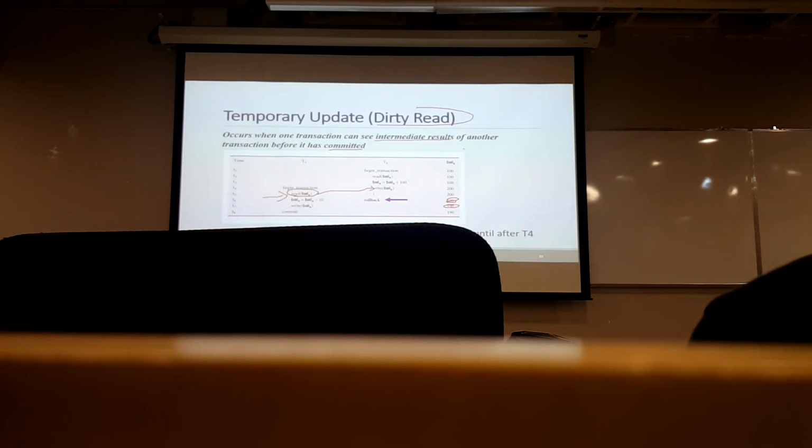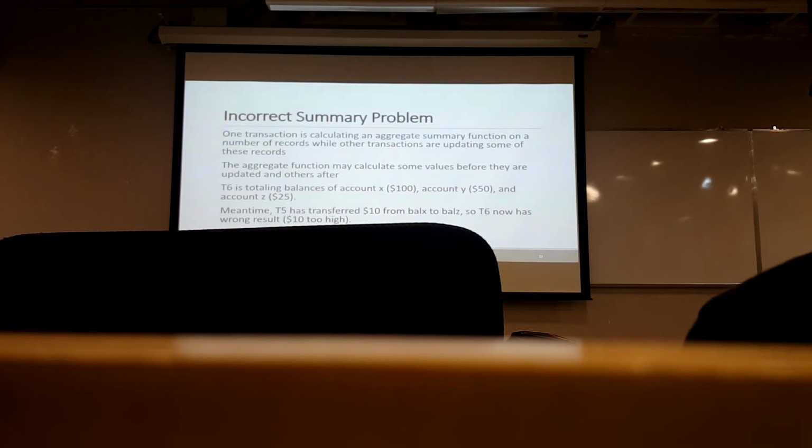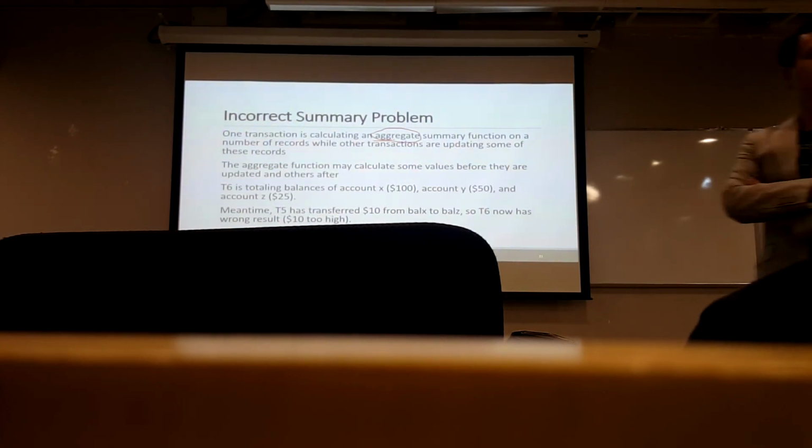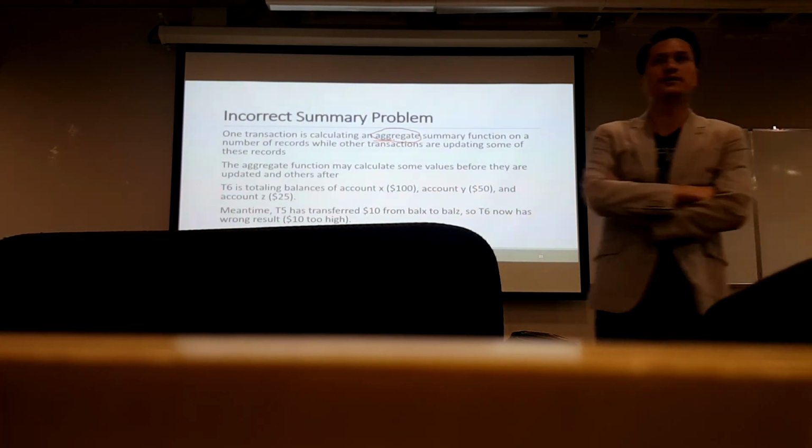So it always involves rollback for dirty read. Question? Incorrect summary. So incorrect summary involves aggregation. Can anyone tell me what aggregation is? Can you give an example? Yes, for example sum, the total, count, average, standard deviation, maximum, minimum.